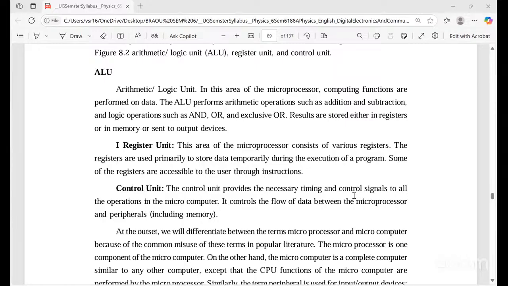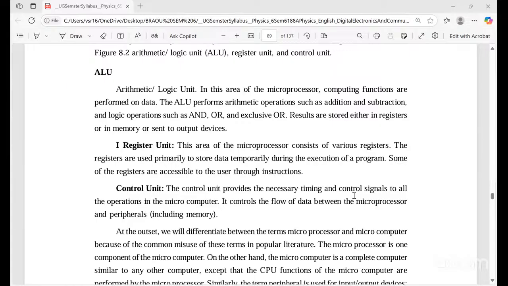Okay. So what is the register unit? The register unit is the area in the microprocessor which may contain various registers, and these are used to store data temporarily during the execution of the program. Not permanently.